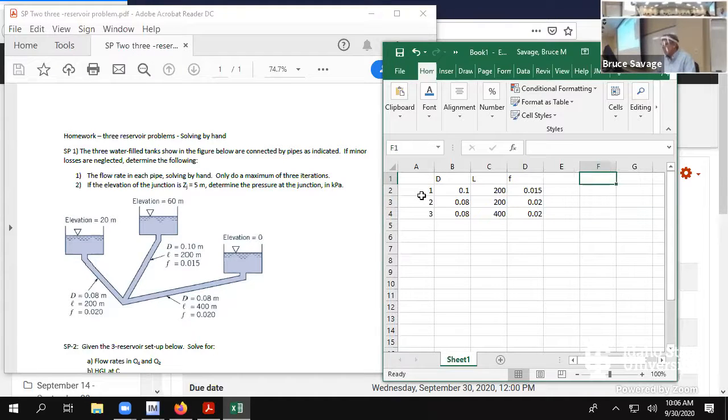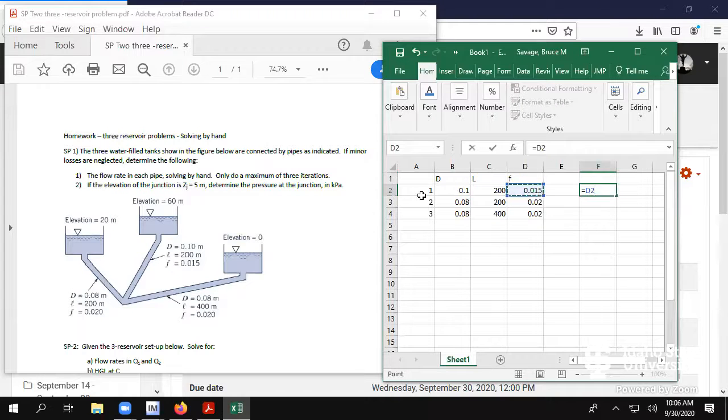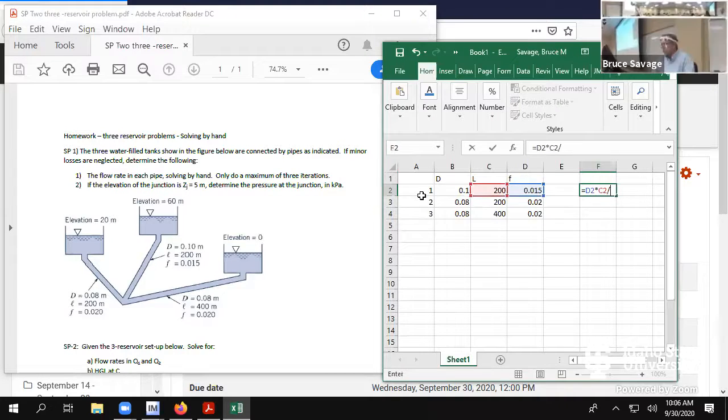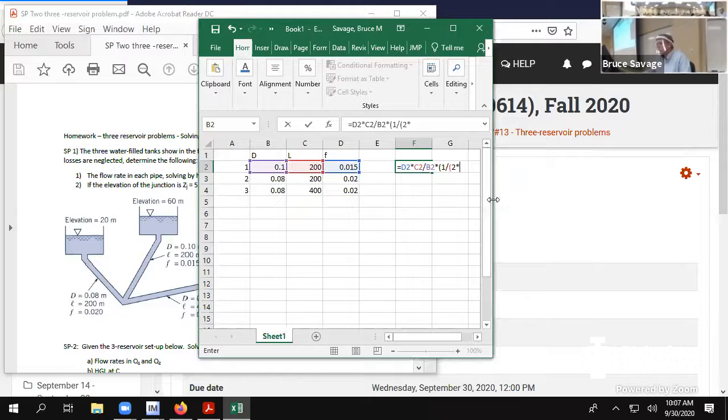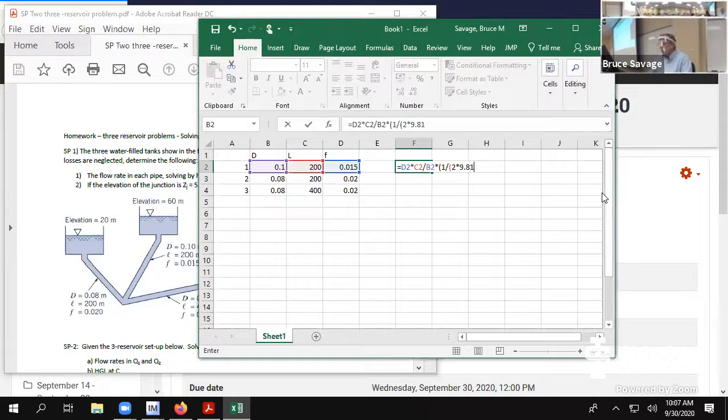So in calculating the C factor, we would go F times L over D, times 1 divided by 2 times gravity. Make sure you use the gravity for the metric system, that's a common mistake. So 9.81 times the area, where the area is pi divided by 4 times our diameter squared, and then I'm going to square the whole area.